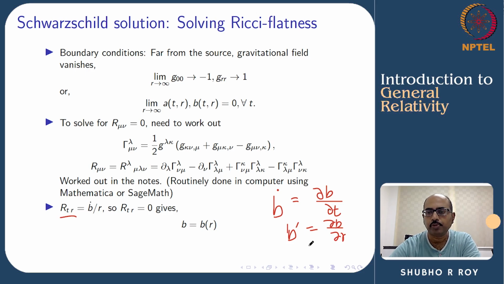Okay, so dot and prime respectively represent the partial derivative with respect to time and the partial derivative with respect to r.